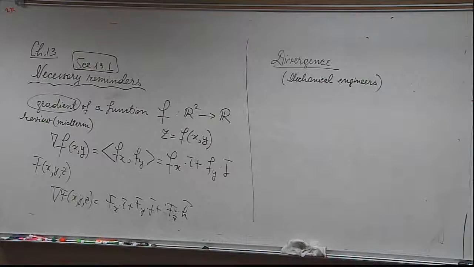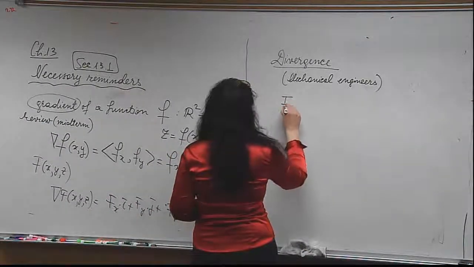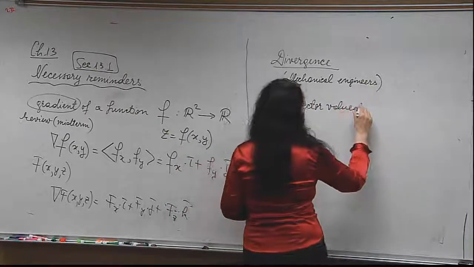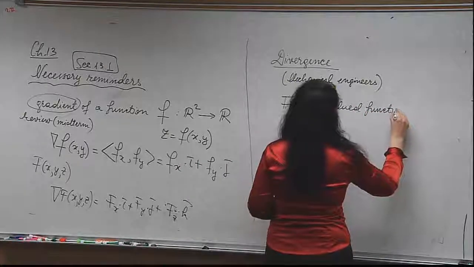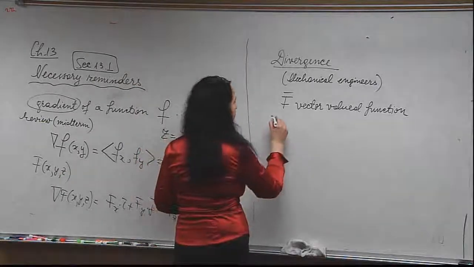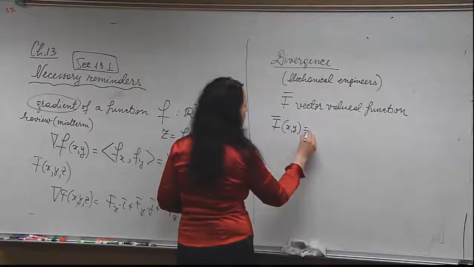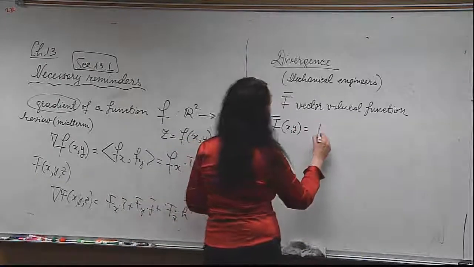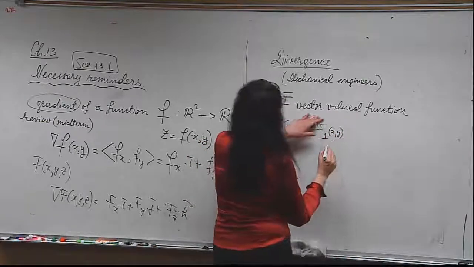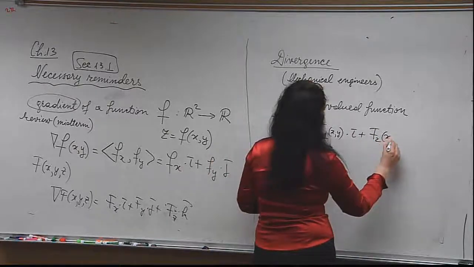No? Okay, suppose that you have a function, and that is a vector valued function. What does it mean? A vector in itself, and it will have coordinates, let's say x, y, and let's assume that will be f1 of x, y, no, this is not a vector, that's a scalar, times i plus f2 of x, y times j.